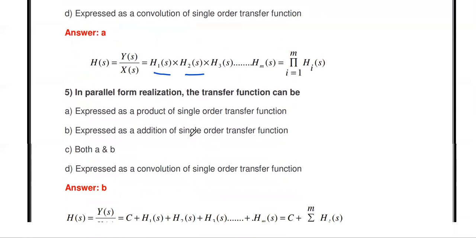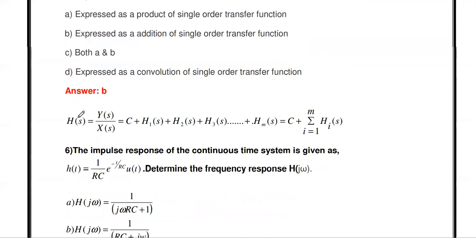Similarly, in parallel form realization, the given transfer function H of s we have to split as an addition of the first order transfer functions H1 of s plus H2 of s plus H3 of s and so on, where this c is a constant.